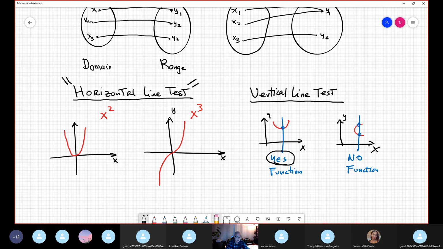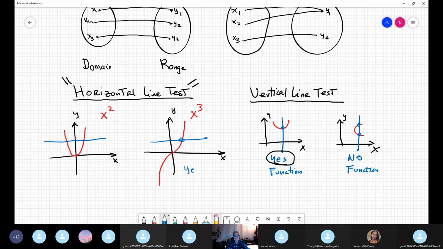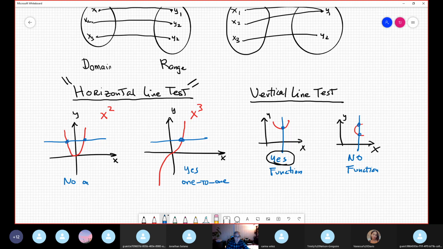It's a similar idea: you apply, hypothetically, in any position a horizontal line. Si it crosses one point, yes, it's one-to-one. And in this case, no, because it crosses 2 points or 3 points, not one-to-one. Of course, it's a function, but not special, not one-to-one.